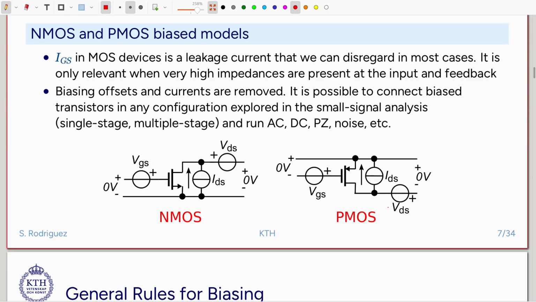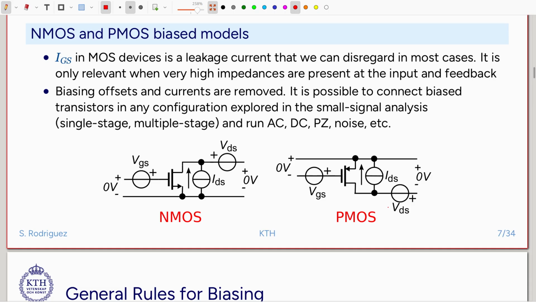Now, generally speaking, we need 4 sources, 2 voltage sources and 2 current sources, to bias, let's say, a network including active devices. Now when we concentrate only on an NMOS transistor, the only gate current that exists in a MOS transistor is the leakage current.